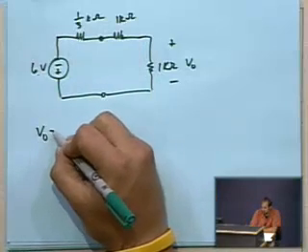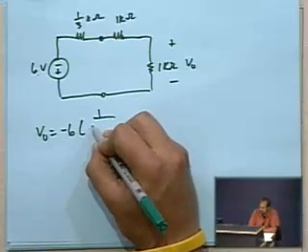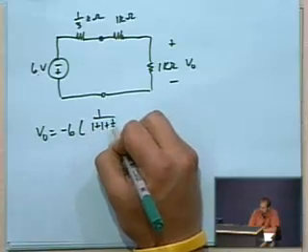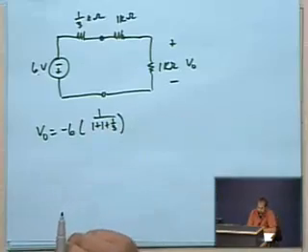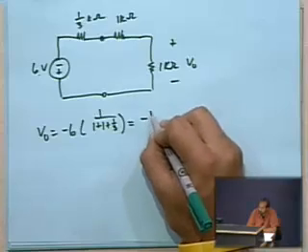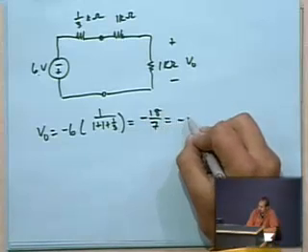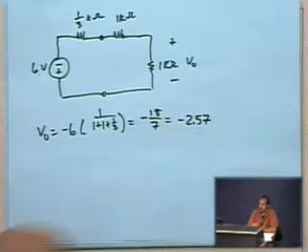So V0 is some fraction of the -6 volts, which is 1 over 1 plus 1 plus 1/3. And that happens to equal, if you have a pretty print calculator, -18/7 in fractions, or in decimal, about -2.57.